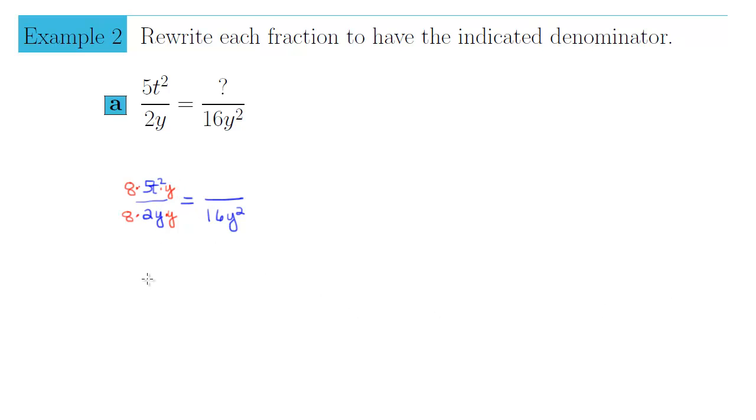That tells us that in the numerator I have 8 times 5, which is 40, and then t squared times y, which is just t squared y. So in place of the question mark, we would write 40 t squared y, and that's our final answer.